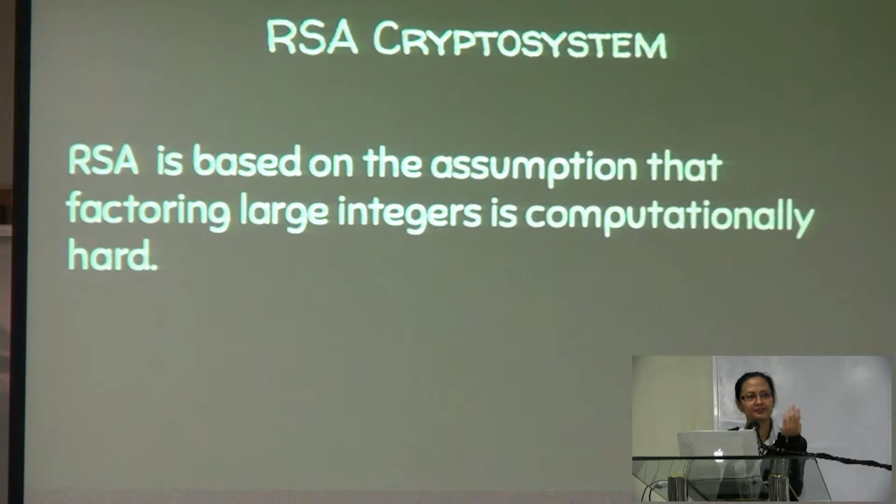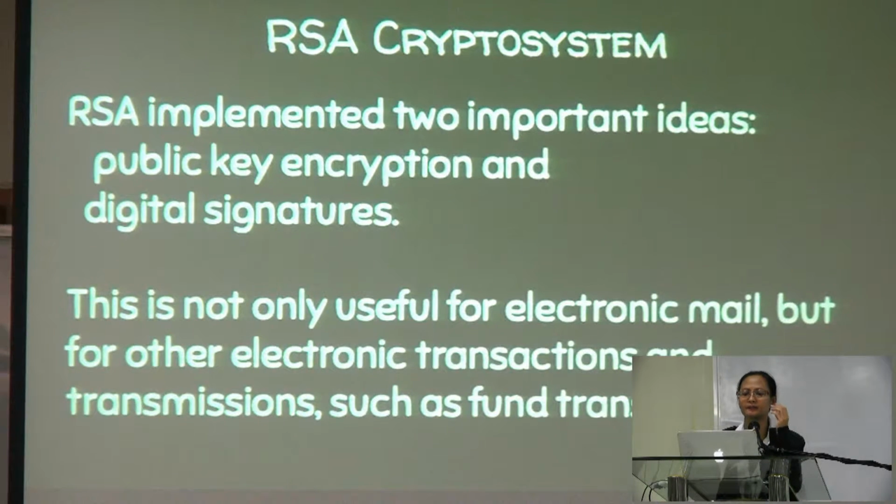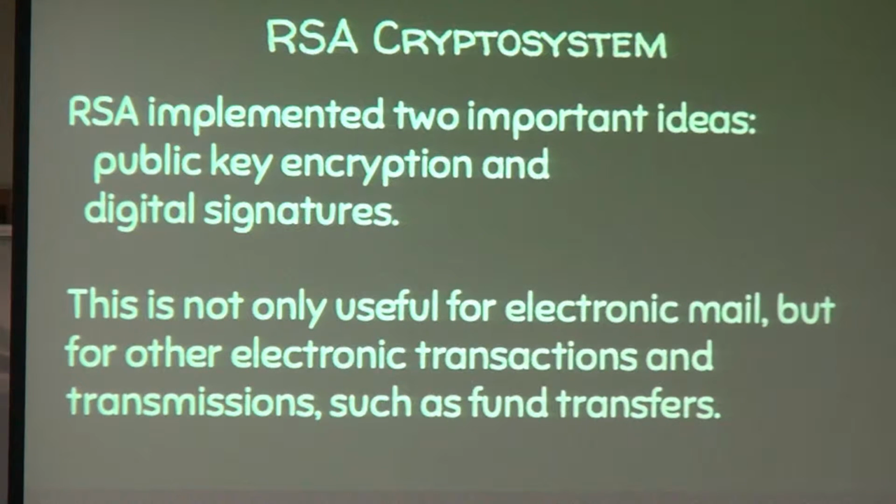And then you have some descriptions of the RSA cryptosystem. But this is how it works. It is based on the assumption that factoring large integers is really computationally hard. Okay? So you discuss a little bit more about the cryptosystem.